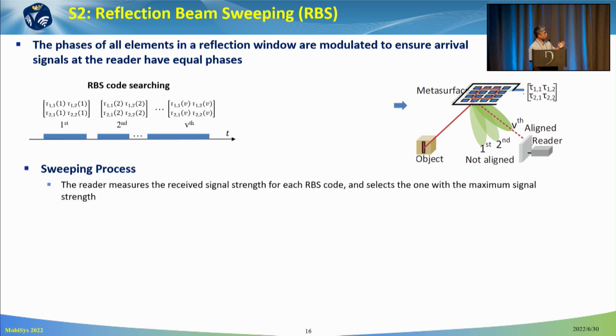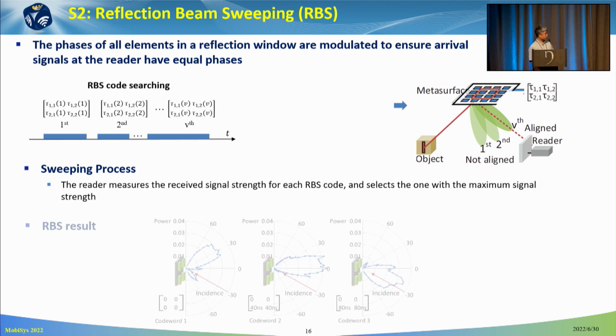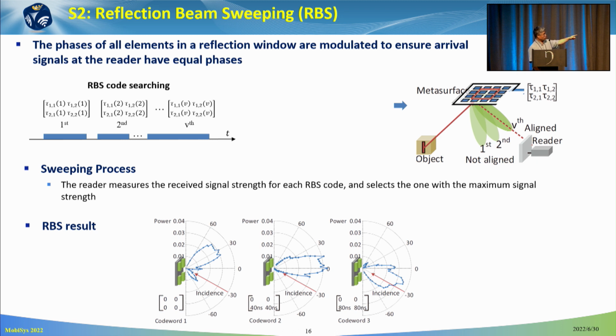When we do this kind of searching, we look at the signal strength at the reader. If we have reached the maximum signal strength at the reader, then we have obtained that delay matrix. And as you can see in this case, the beam pattern will point to the reader. Finally, we add this delay matrix together with the MR calibration delay matrix, and the entire matrix will be applied to the reflecting window. And we finally achieve the beamforming together with MR calibration.